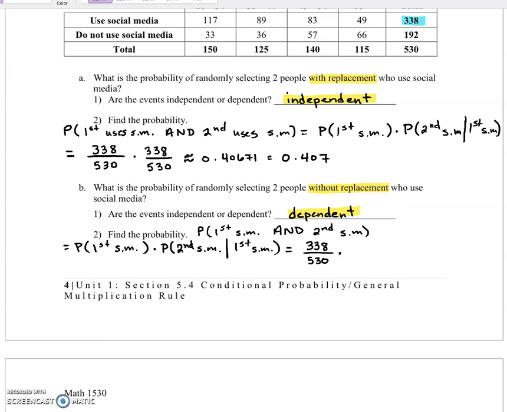So when I go to pick a second person, the probability that they use social media is 337 over 529. And if we calculate that in the calculator and round to 3 decimal places, we should have 0.406.